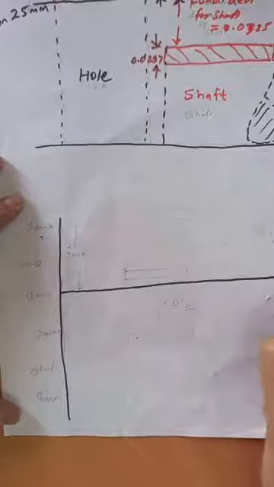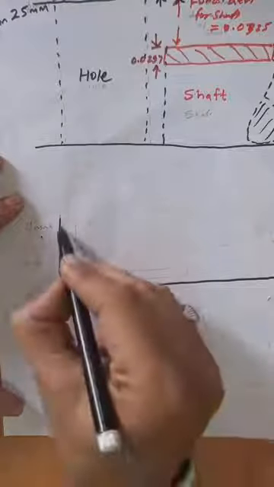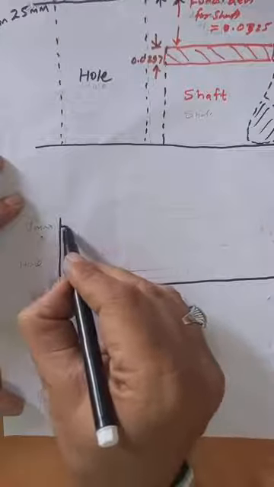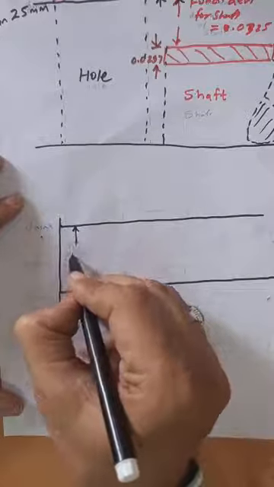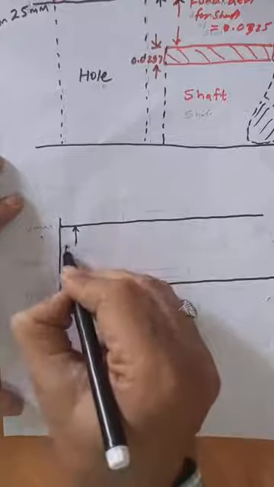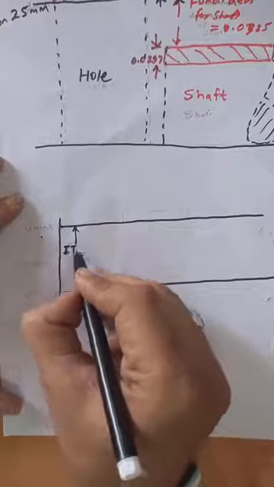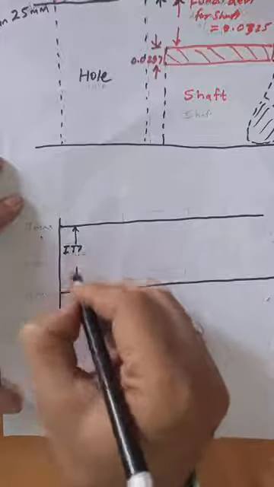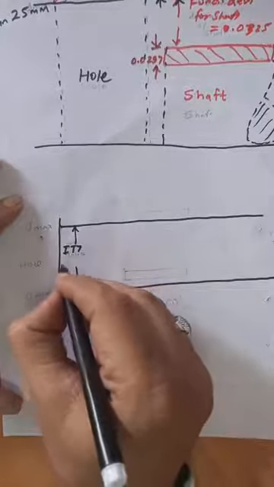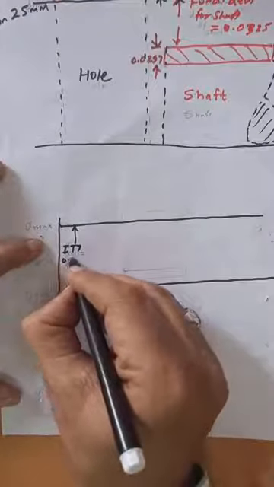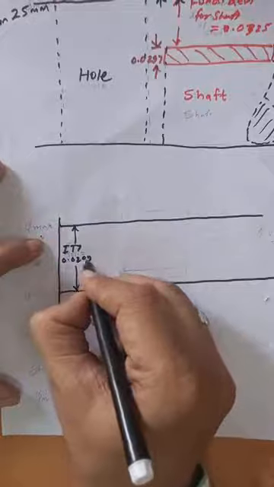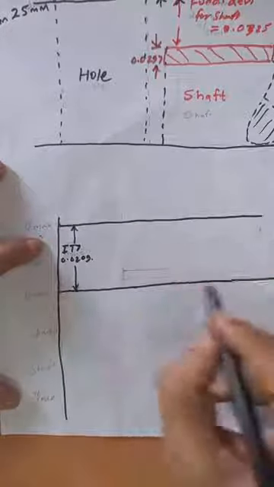Now this is the tolerance zone. Suppose in this case this tolerance zone is IT7. Okay, and this is the complete tolerance, which is equal to 0.0209 mm. Okay, right.